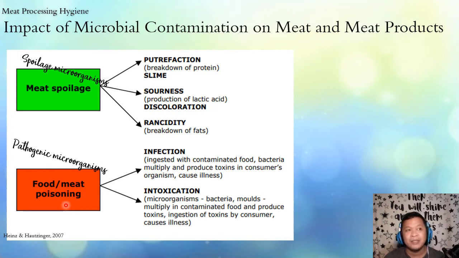Because toxins usually do not die in boiling, or their chemical structure does not disintegrate at lower temperatures. So that is what is scary. And again, when you have pathogens or food poisoning, this does not necessarily mean it smells or tastes spoiled. The food could look, smell, and taste perfectly fine. But well, yeah, you get the point. It could kill you without you knowing it, the worst case scenario.